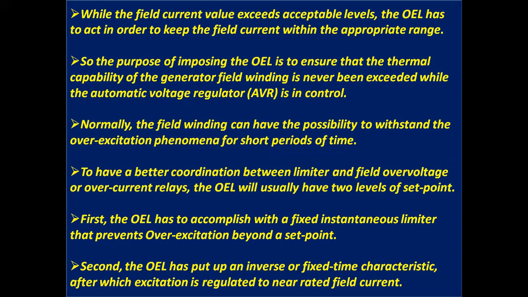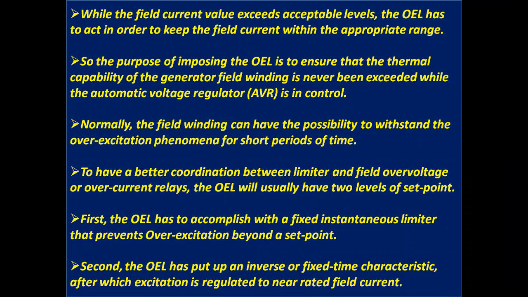Normally, the field winding can withstand the overexcitation phenomena for short periods of time. To have a better coordination between the limiter and field overvoltage or overcurrent relays, the overexcitation limiter will usually have two levels of set point.